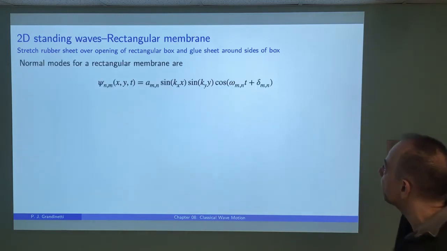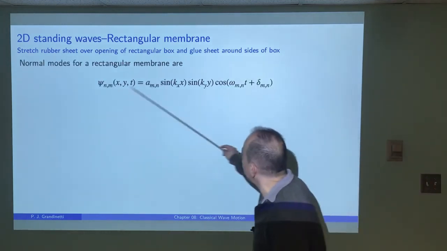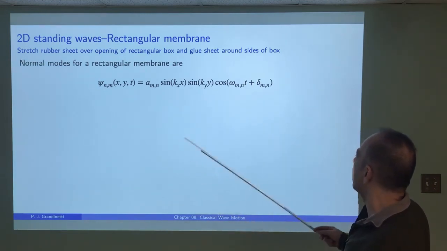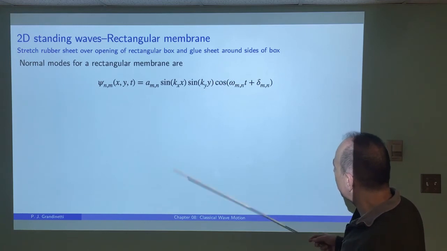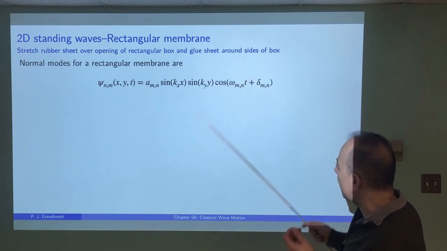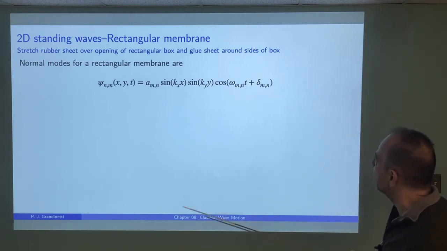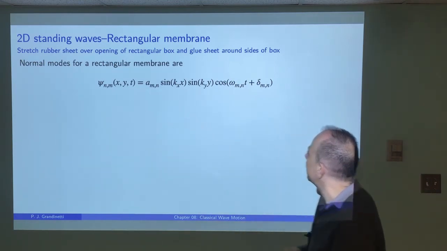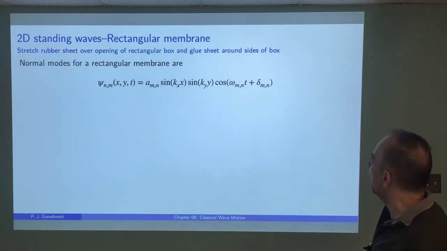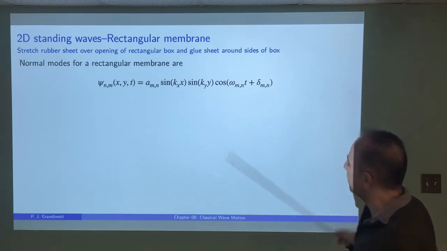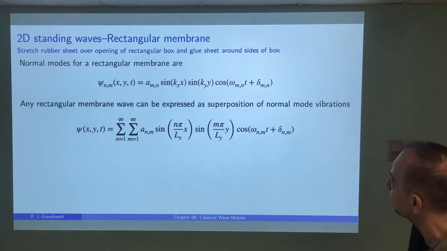So then what we learned in that case was this generalization of the 1D case, when we were looking at the string with boundary conditions, now we have a drum with boundary conditions. We're going to have this two-dimensional wave where there's some amplitude for this normal mode, and then we have the spatial oscillation and then the time-dependent oscillation.